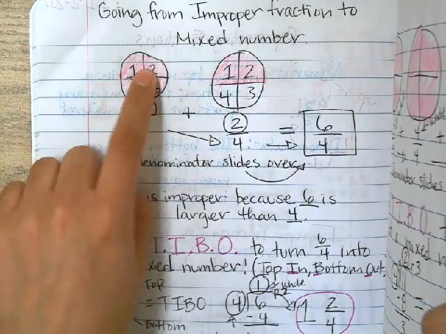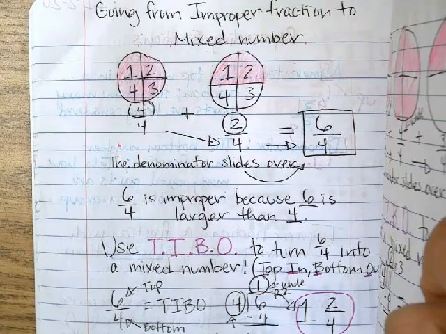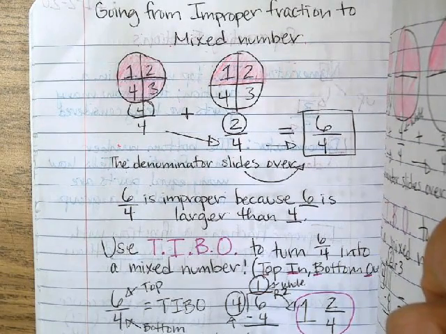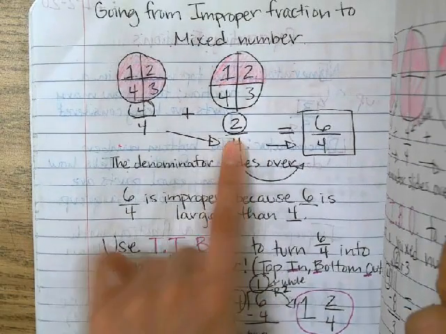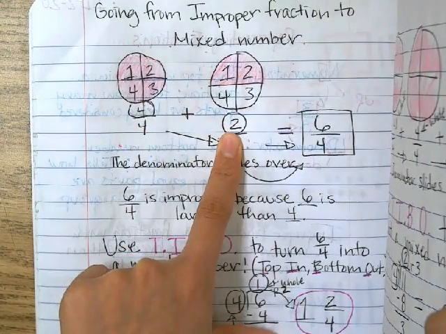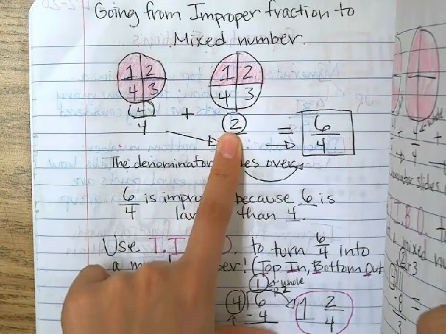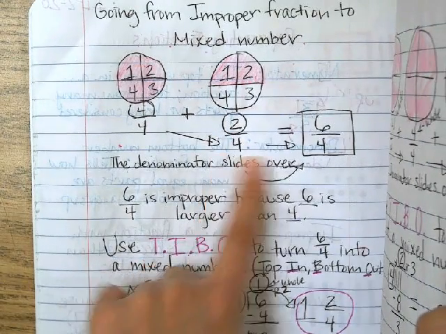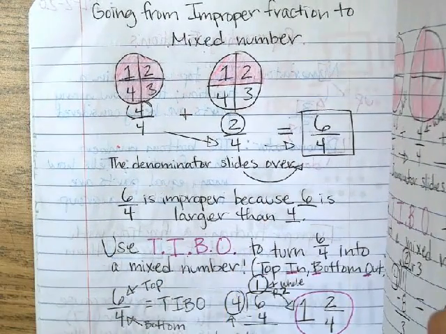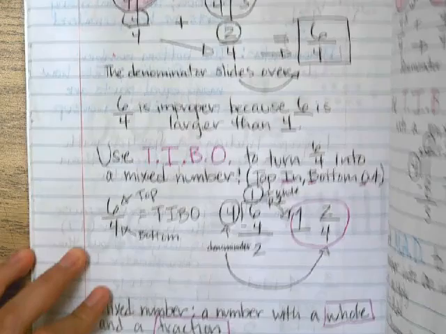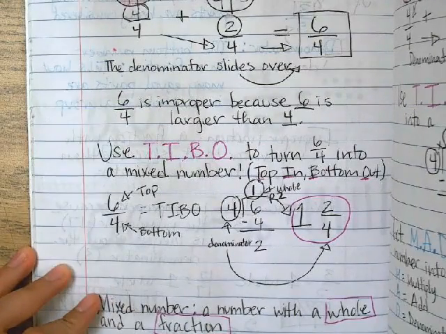We shaded all of this one, so that's 4 out of 4. That's a whole number. And then we only have 2 shaded here, so in order to add them, we just add the numerators and the denominator would remain the same. We just slide it over. So it'd be 6 out of 4, or 6/4. It's improper because 6 is larger than 4.